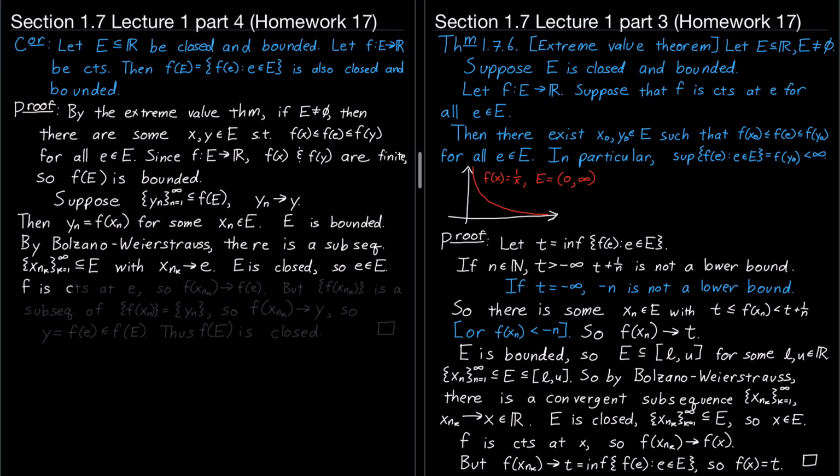F is continuous. If we just say it's continuous, then it's continuous everywhere. So in particular, it's continuous at e. So f of x_{n_k} is converging to f of e.